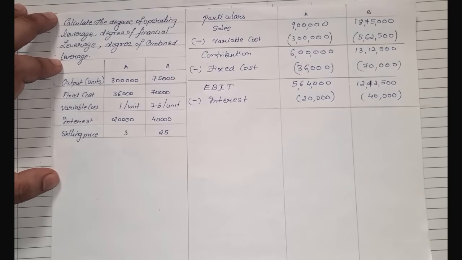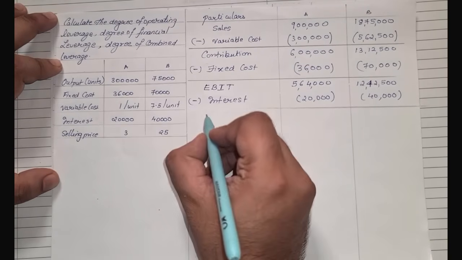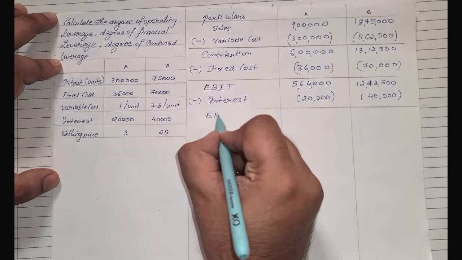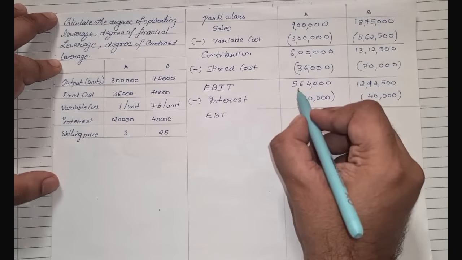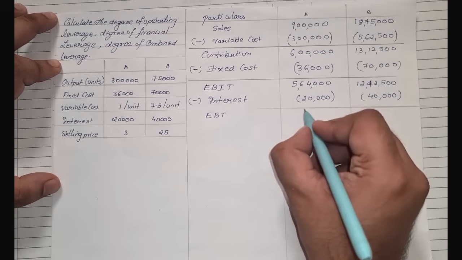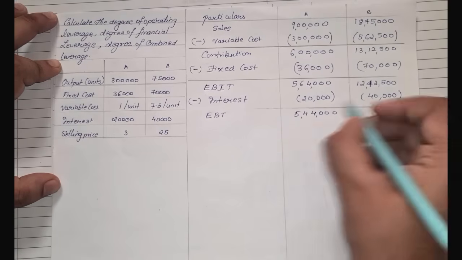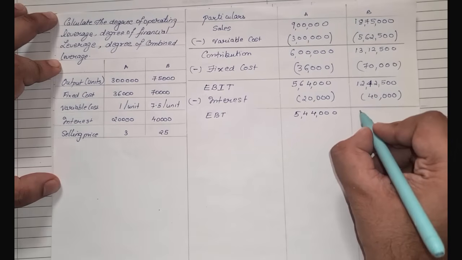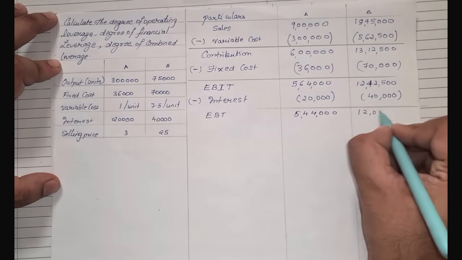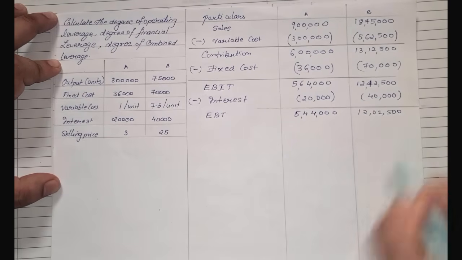EBIT less interest gives you earning before tax. So 5 lakh 64,000 minus 20,000 is 5 lakh 44,000, and 12,42,500 minus 40,000 will give you 12 lakh 2,500.